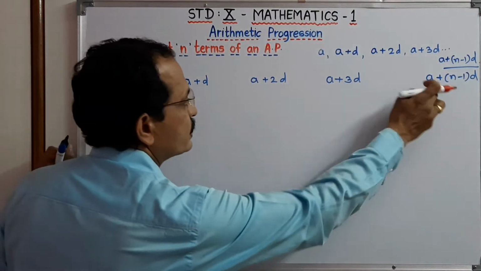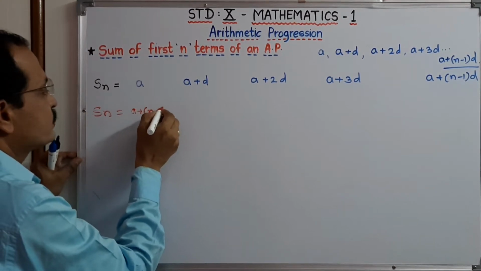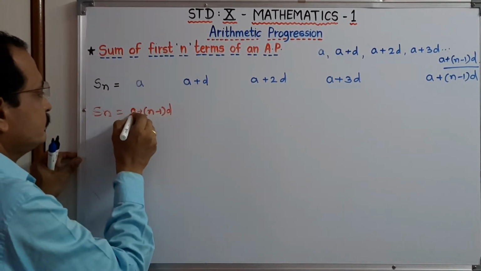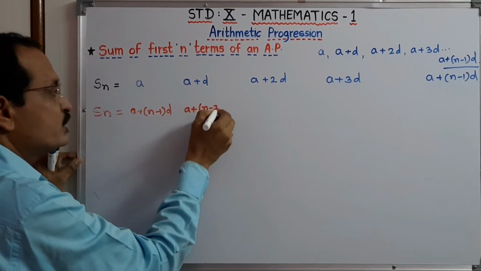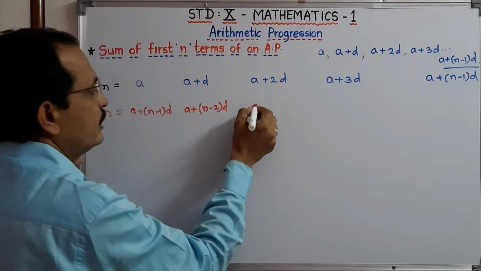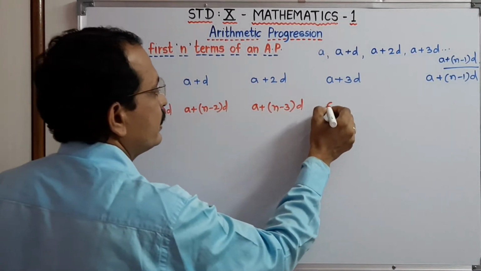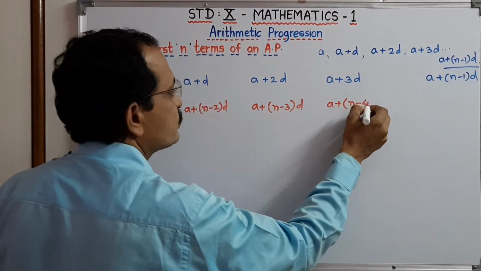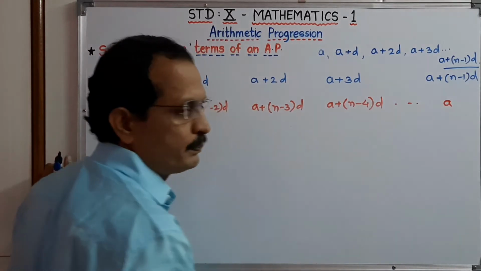Reversing order means first of all we write a plus n minus 1 into d. Next it will be a plus n minus 2 into d. Then a plus n minus 3 into d, then a plus n minus 4 into d, and so on until the last term, a.